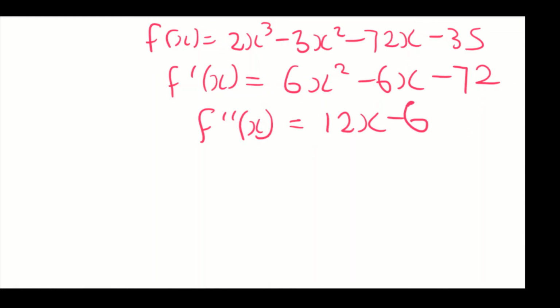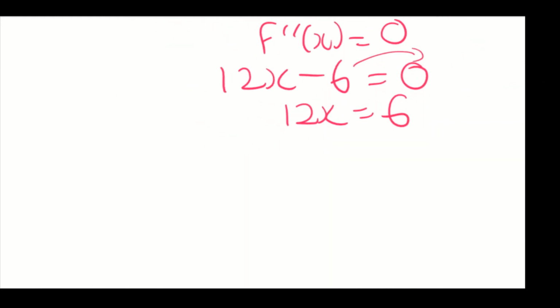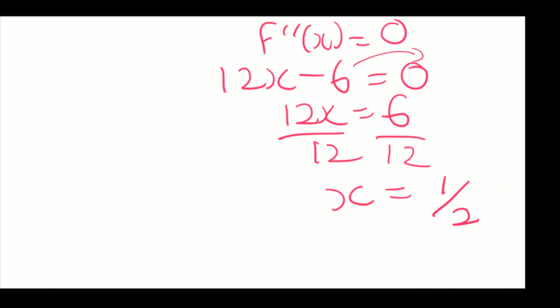We equate the second derivative to 0, so 12x minus 6 equals 0. Transpose the 6 to the other side, you have 12x equals 6, then divide by 12, and x equals 1 over 2.